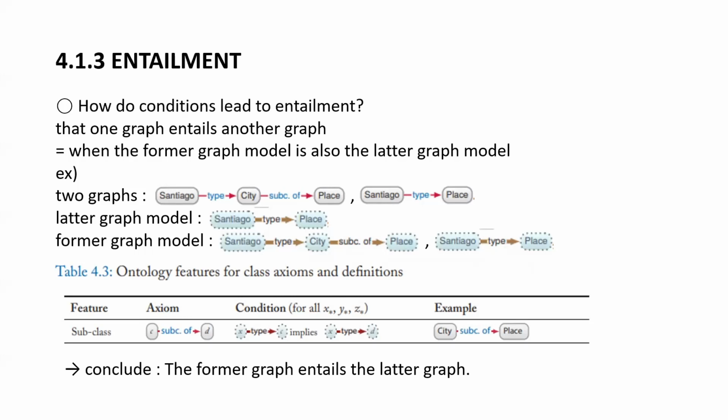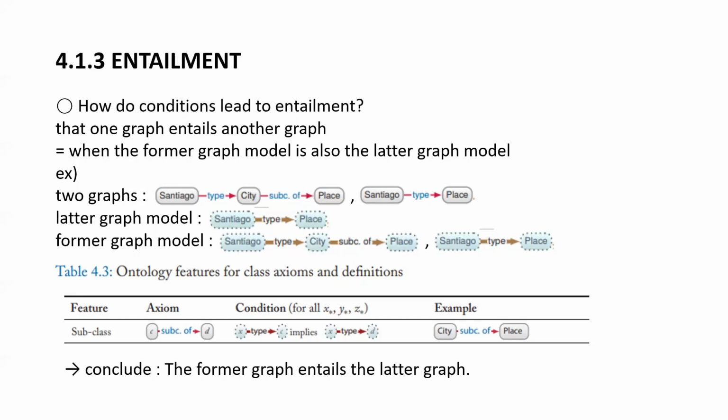When one graph entails another graph, it means that the former graph's model is also the latter graph's model. Intuitively, it means that the latter graph does not represent anything new to the former graph and thus remains a logical result of the former graph.